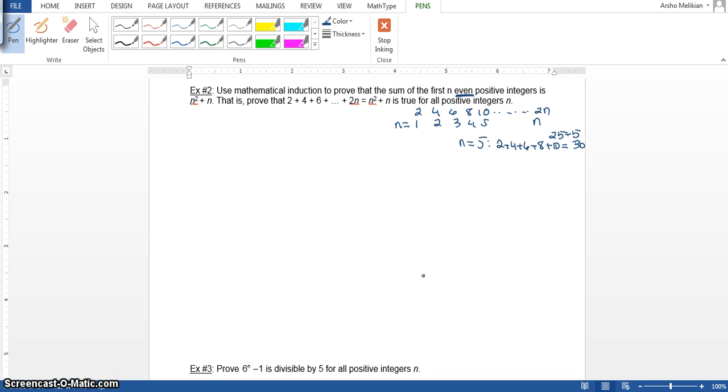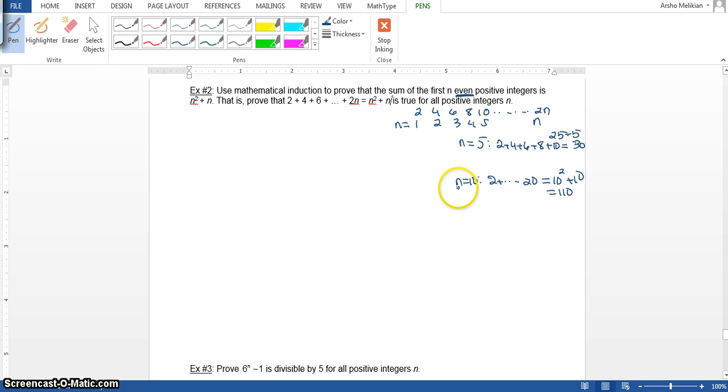So let's skip ahead. Let's say n equals 10. Now I'm adding all the numbers starting at 2 to 20. What does the formula say it's going to equal? It's going to be 10 squared plus 10, 110.